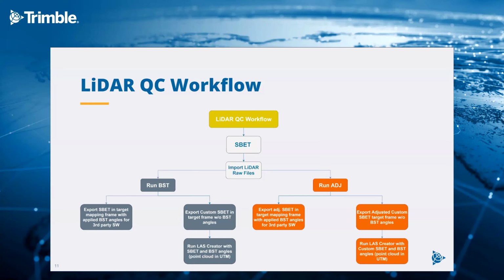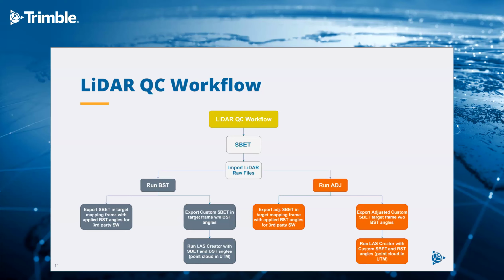And then you can make a decision: do you want to have the Boresight calibration or do you want to have the adjustment? In both cases, whatever you decide for, at the end, you will export your aspect file in your target mapping frame, for instance, the NAD 83 in America or the ETRS 89 in Europe.